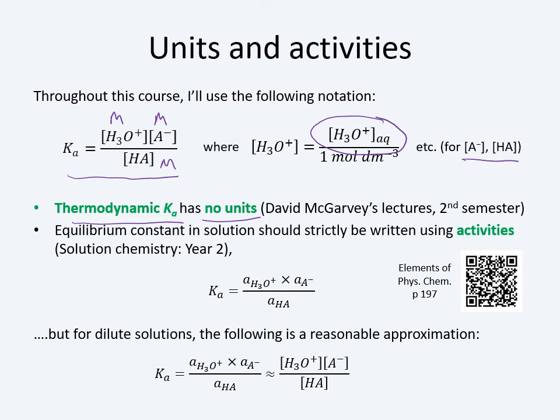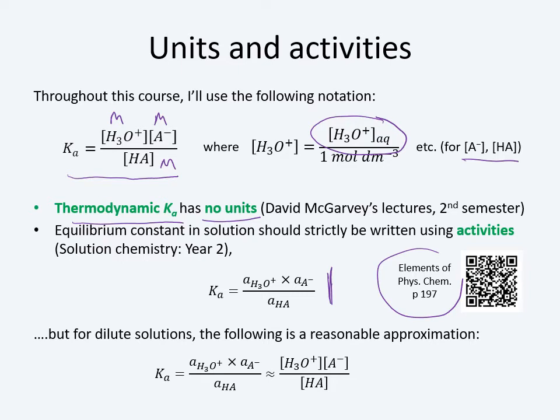Okay. The other issue is that strictly, and if you look at elements of physical chemistry it points this out very clearly, the Kas, or indeed any equilibrium constants, should be written using activities, and you'll learn more about that in year 2. We're not dealing with that now.